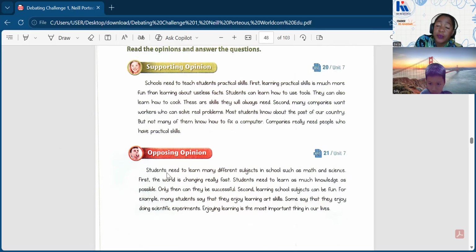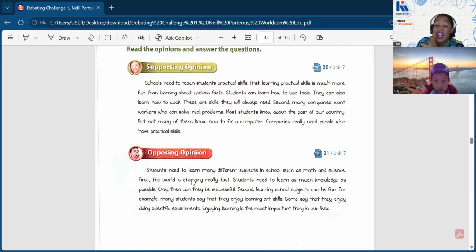Okay, so the opposing opinion says that students need to learn many different subjects in school, such as math and science. You can see that the supporting opinion says students should learn practical skills, right, Billy? Yes. But the opposing opinion says no, students should learn different subjects such as math and science.